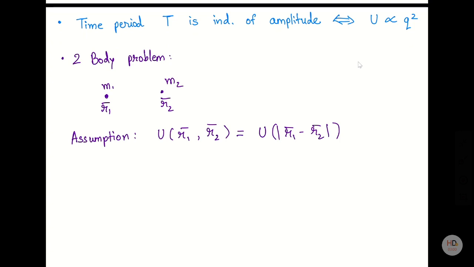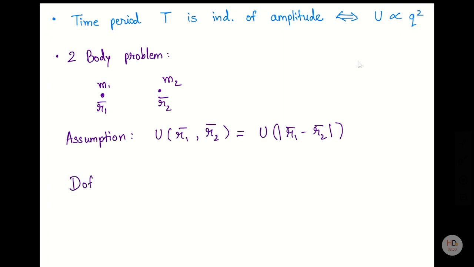This came from the argument that space is homogeneous and isotropic. Under this assumption, we are able to reduce the system, which initially had 6 degrees of freedom, R1 and R2. From that, we got first that the velocity of the center of mass should be a constant vector k. And so we had just 3 degrees of freedom, which was small r, which is R1 minus R2.